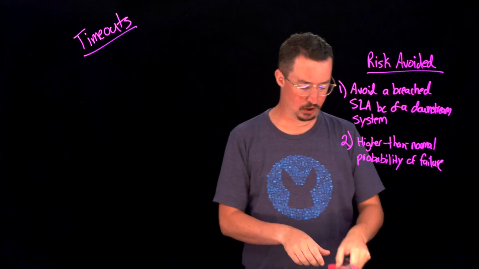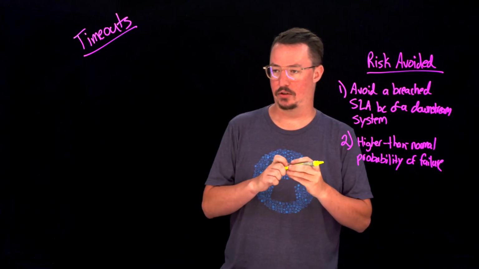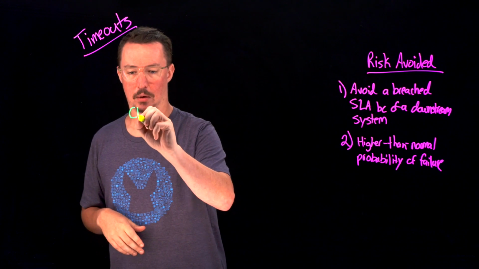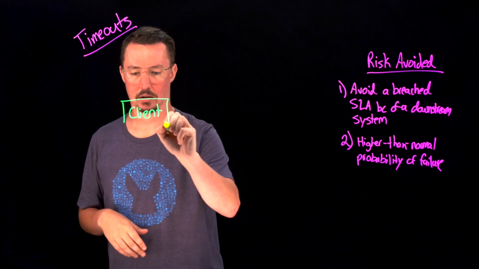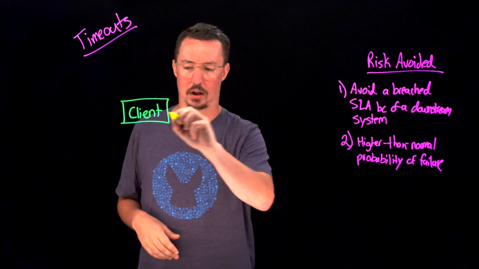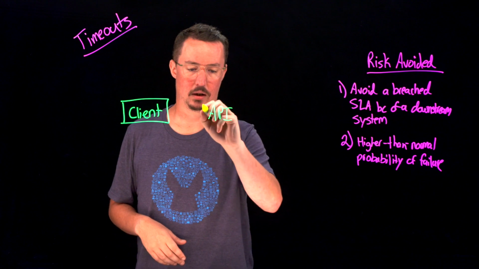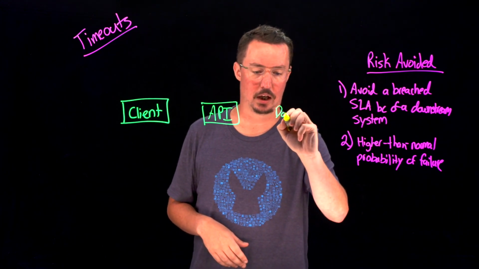Okay, so let's start by actually looking at what this pattern looks like in practice. So if we start with our client that's going to actually be calling the API. So the client will call an API, which will in turn call a data source.